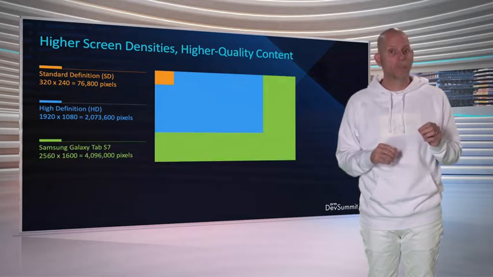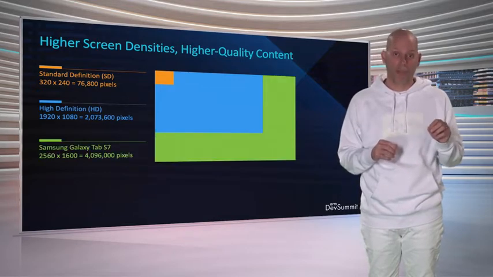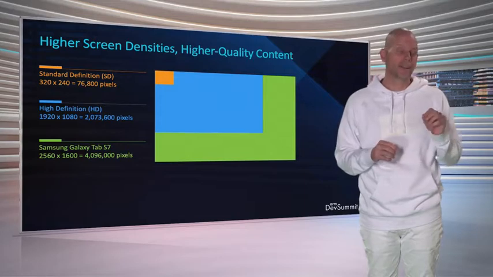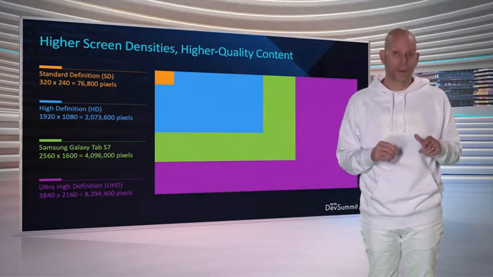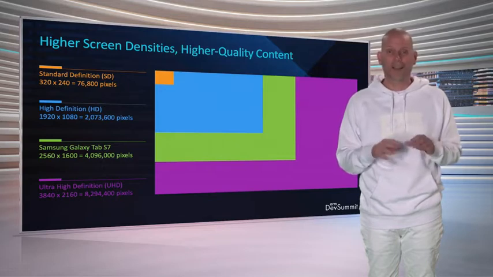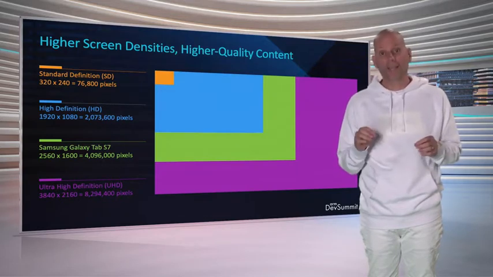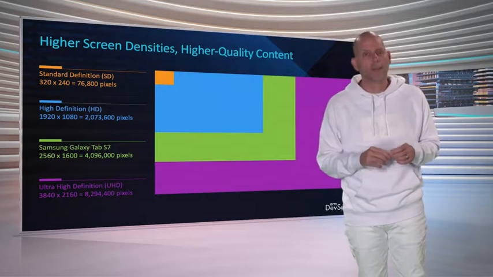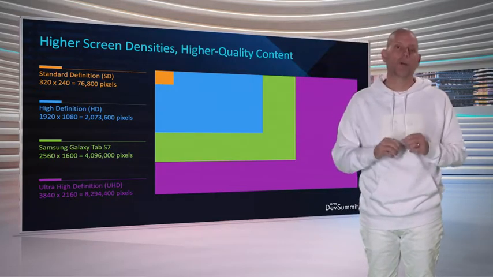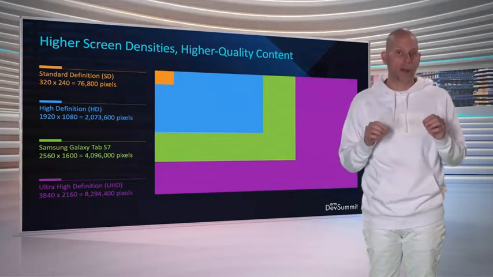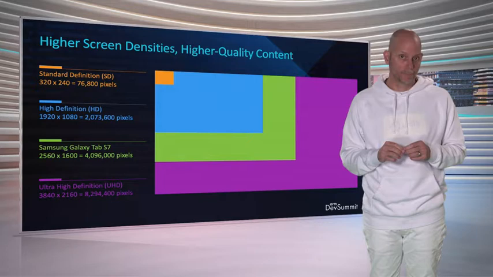Incredibly, some tablets have already surpassed that with handheld high-density displays. And today, you can go to the store and buy a 4K ultra high-definition television and play games at that resolution. Now that's 108 times more pixels on screen in that ultra high-definition display than the standard definition television.